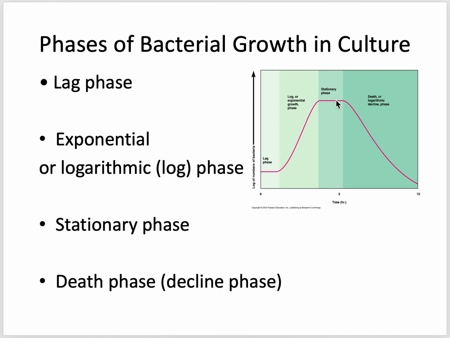So those cells will begin to die. And the death will be very rapid. Actually, the death will also follow a logarithmic scale. So that's why this phase is called the death or logarithmic decline phase.